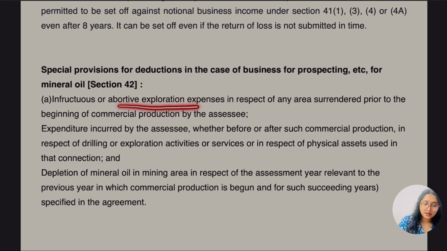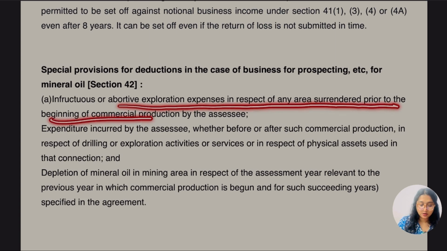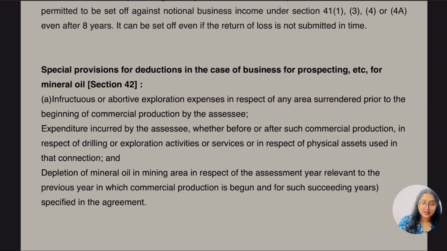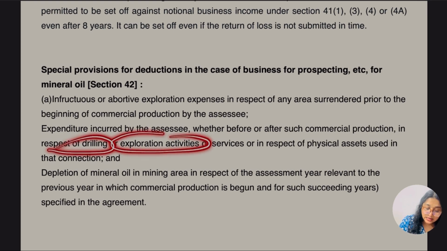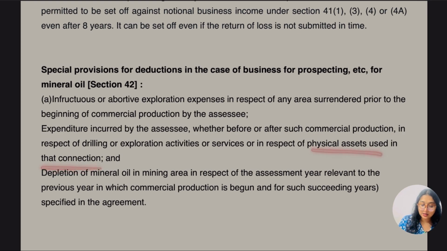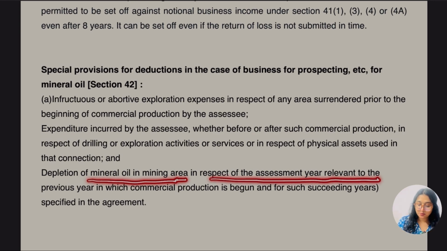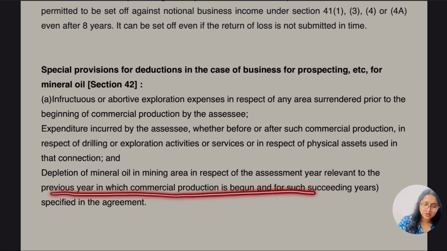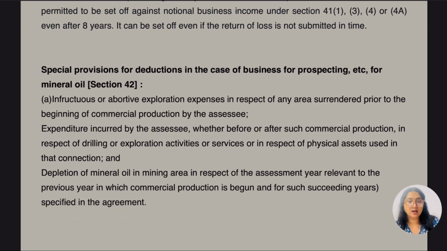It covers expenditure incurred by the SSC, whether before or after commercial production, in respect of drilling, exploration activity or services, or in respect of physical assets used in that connection, and depletion of mineral oil in the mining area. It applies for the assessment year relevant to the previous year in which commercial production begins and for such succeeding years as specified in the agreement.